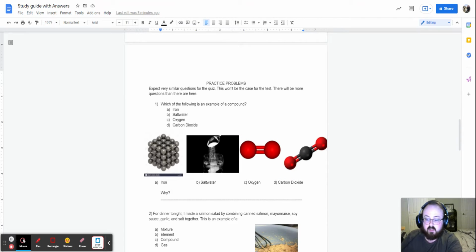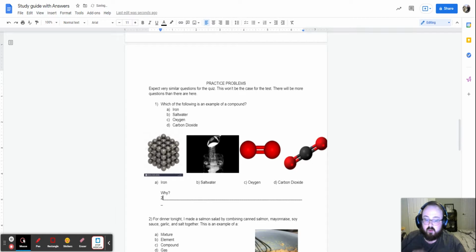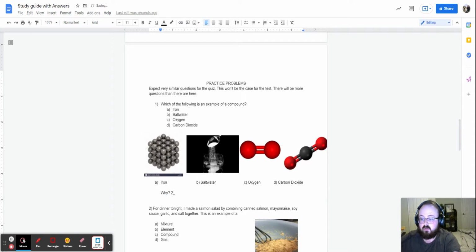So, just to make this clearer. When you do this, you'll be writing in here. I'm just gonna be typing two different elements, carbon and oxygen, are connected together by a bond. Right? So this is what makes something a compound. We have two different elements that are connected, two different types of atoms.